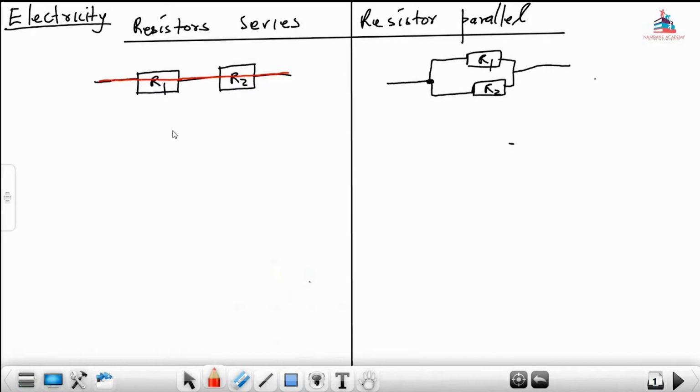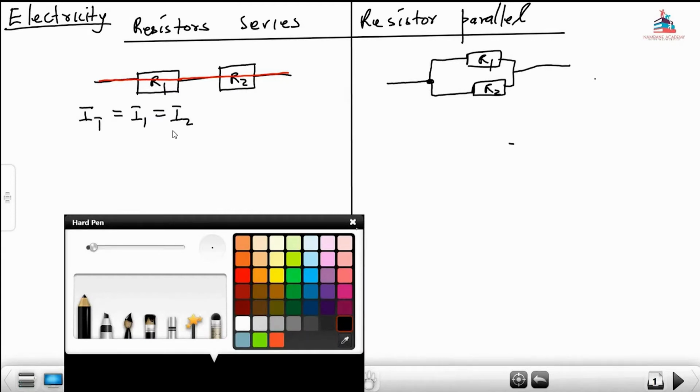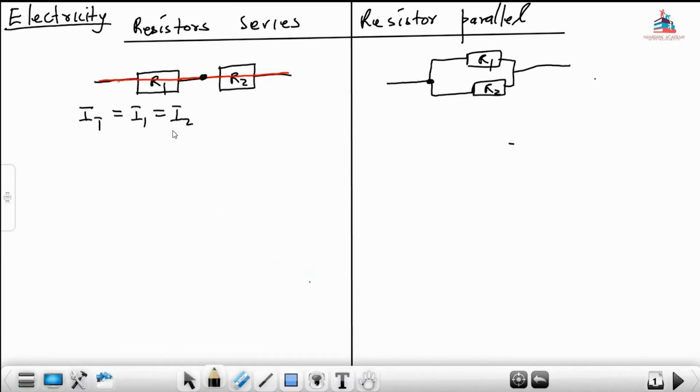So it basically says, regardless of any point that I choose in the resistors connection, if they are in series, the path taken by the current should be the same. So the current at R1 and the current at R2 should be the same. This is one of the key elements that one needs to be focusing on.